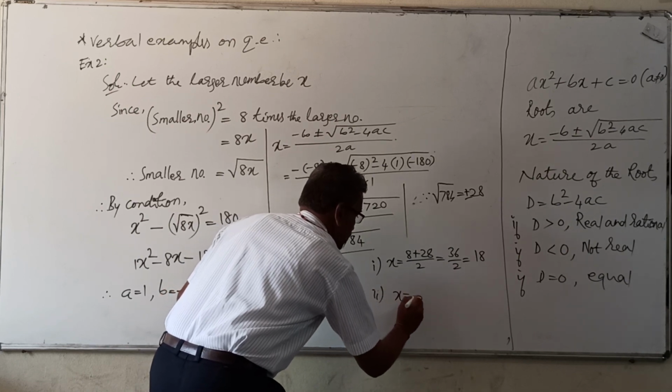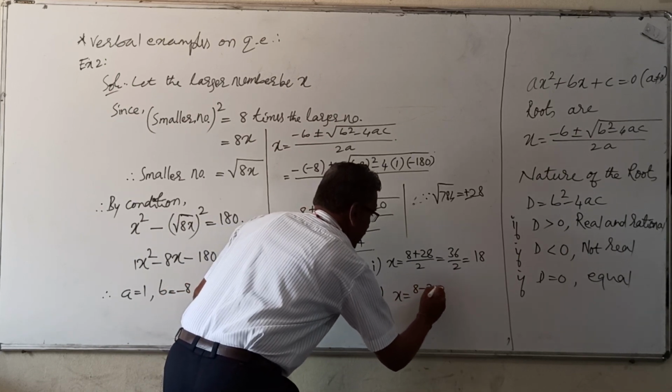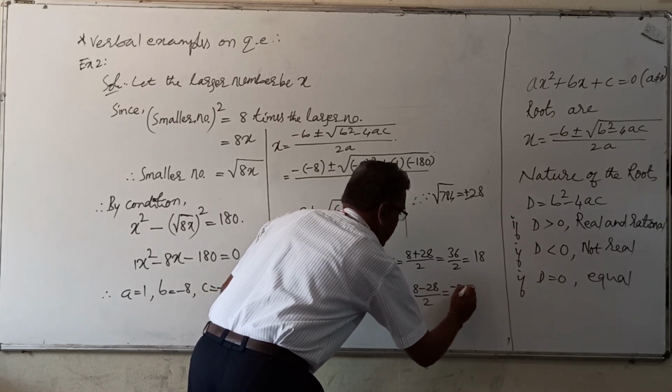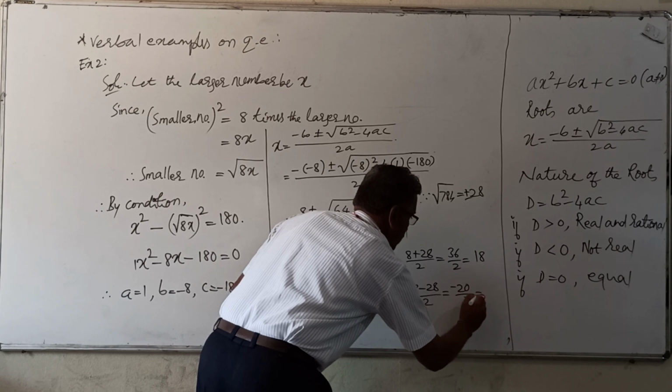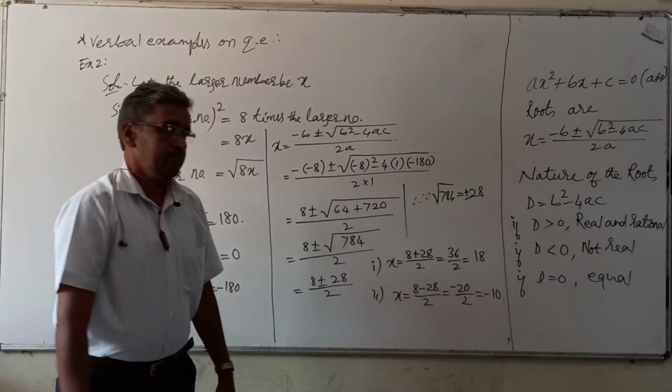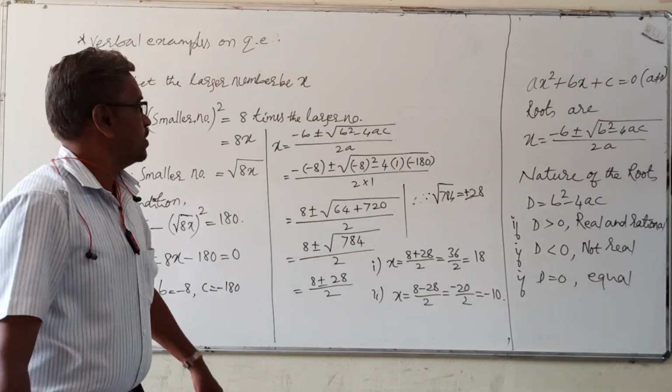Secondly, x equal to 8 minus 28 divided by 2, equal to minus 20 divided by 2, equal to minus 10. These are the roots.